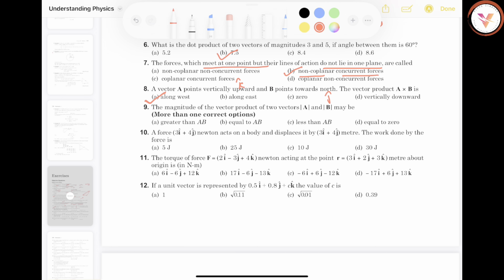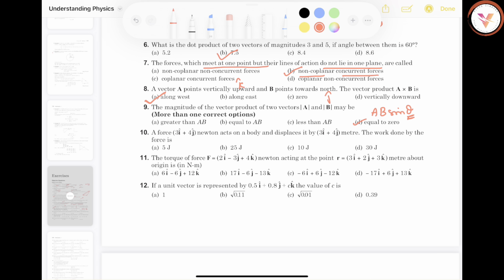Okay. Next, the magnitude of the vector product of two vectors A and B. Vector product is A, magnitude of B sine theta. Now, theta is a smaller angle that is less than 90 degree, and for less than 90 degree, sine theta has a value of less than 1. So if it is 0, it could be 0.